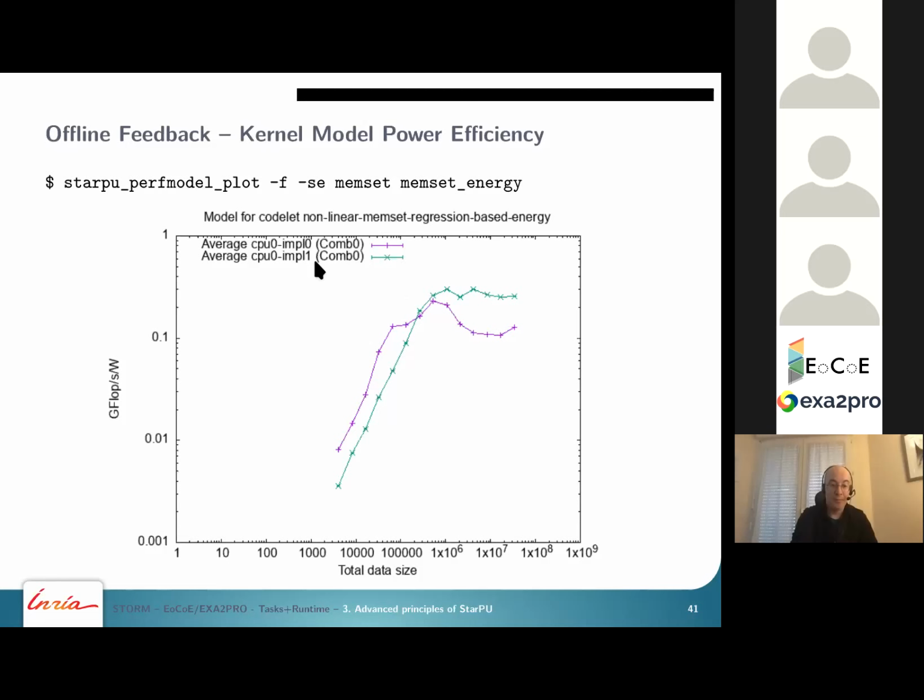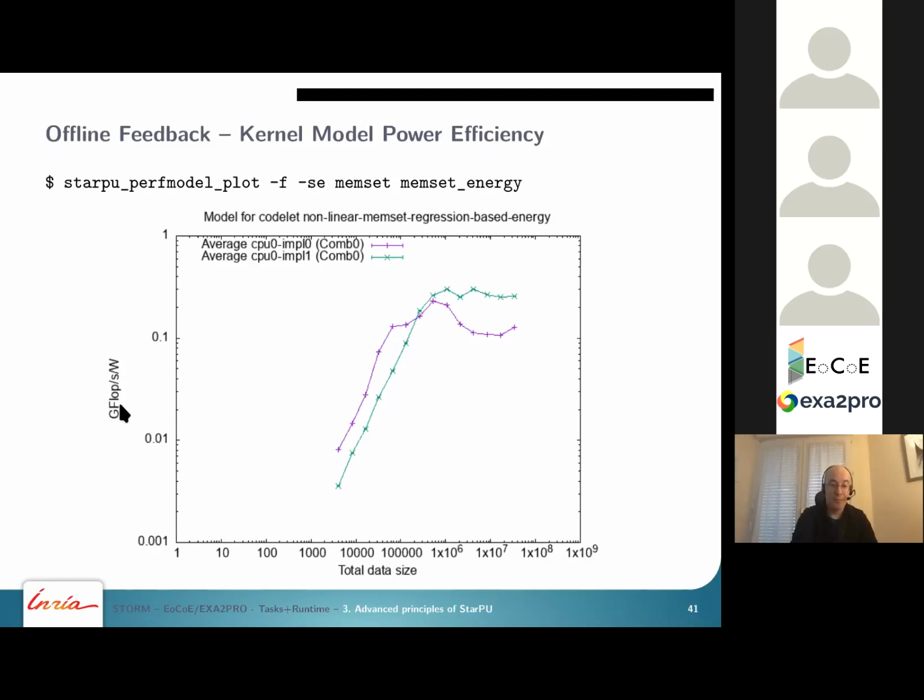So here we have two CPU implementations, which have differing compromises between efficiency in terms of energy and efficiency in terms of time. And then just running the two implementations on the hardware and drawing the performance in terms of gigaflops per watt.